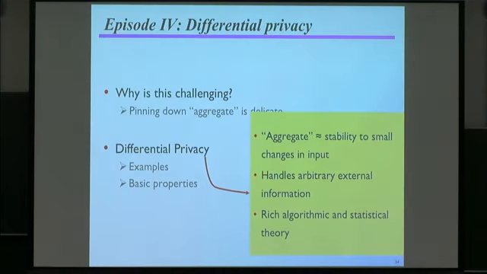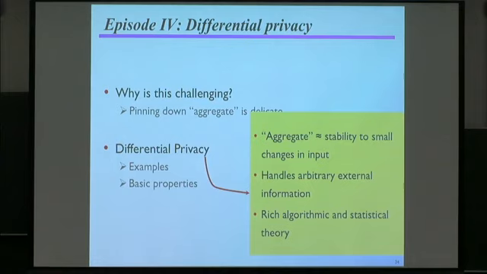Okay, so what I'd like to talk about next is differential privacy. That's one framework where we're going to try to pin down the notion of aggregate in terms of stability to small changes in the input. And this will allow us to make statements that are meaningful in the presence of arbitrary external information.